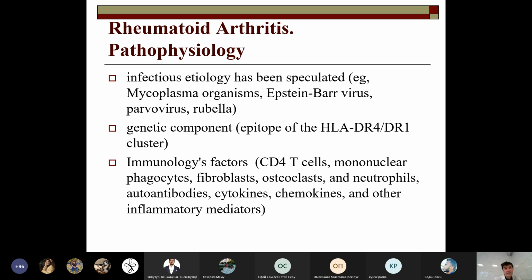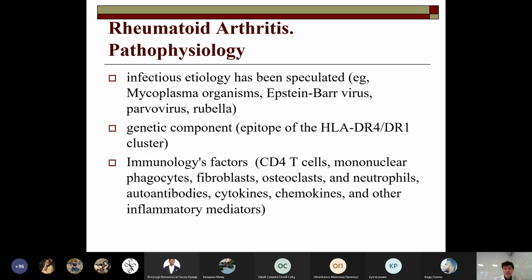and more often than not in there we have a great opportunity to detect mycoplasma organisms and some antigens for Epstein-Barr virus infection, and parvovirus antigens and rubella antigens, and even antigens of human hepatitis C virus.